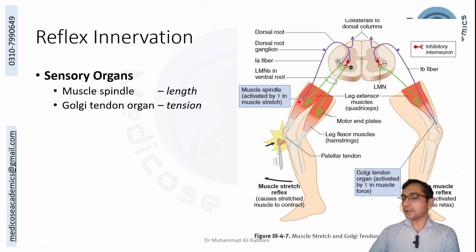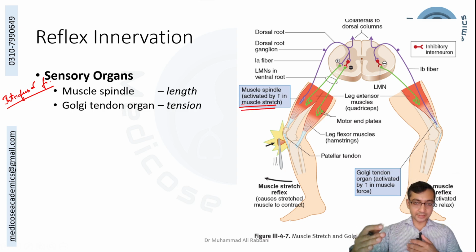These are basically specialized muscle fibers called intrafusal fibers. They are present embedded within the muscle mass, and they are stimulated by muscle stretch. As the muscle lengthens, they become activated and start firing.